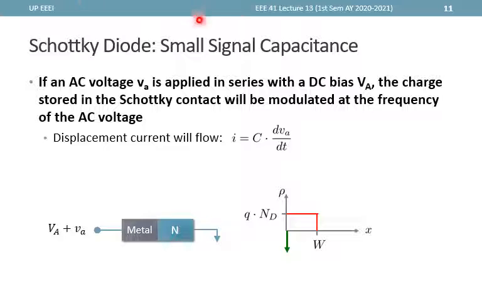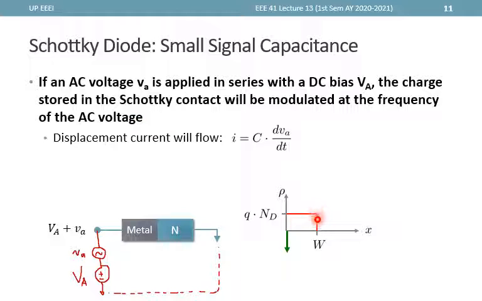Now let's discuss the small signal capacitance in Schottky diodes. So if an AC voltage, small va, is applied in series with a DC bias VA, then the charge stored at the Schottky contact will be modulated at the frequency of the AC voltage.